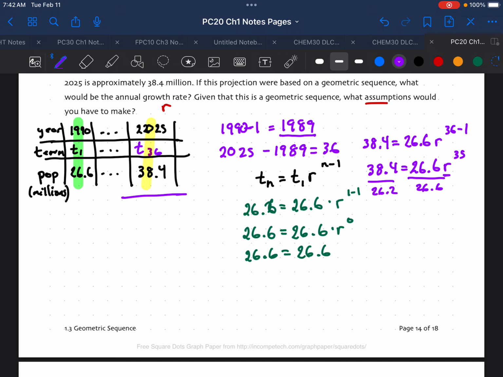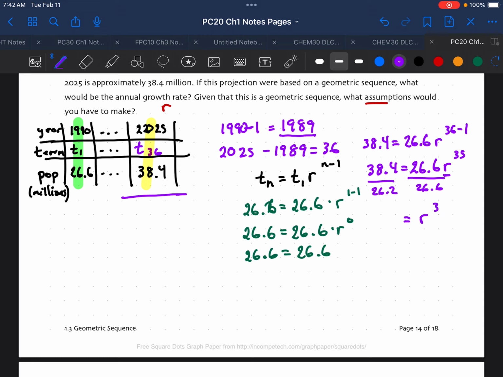So I bring up my calculator. I get 38.4 divided by 26.6, which is 1.4436.